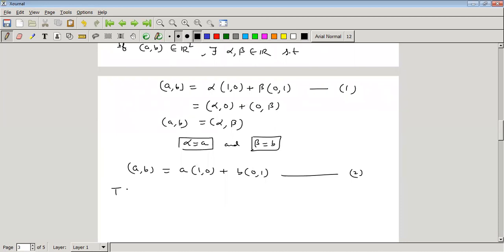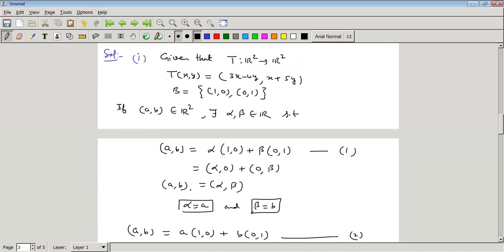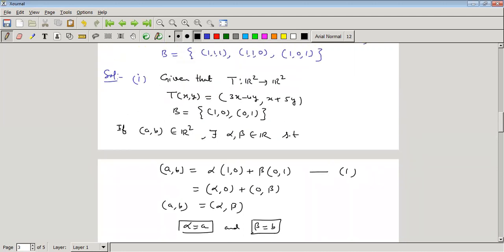Now, what is the transformation T(x, y)? It is already given. So what is the output of T(1, 0)? This (1, 0) is the basis element. The image of T(1, 0) we get by putting x equal to 1 and y equal to 0. So we get 3 minus 0, that is 3, and 1 plus 0, that is 1.